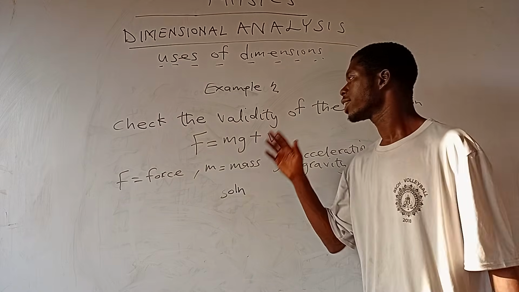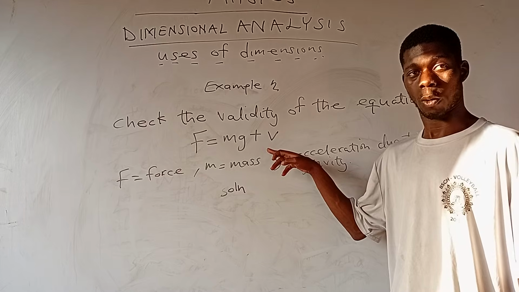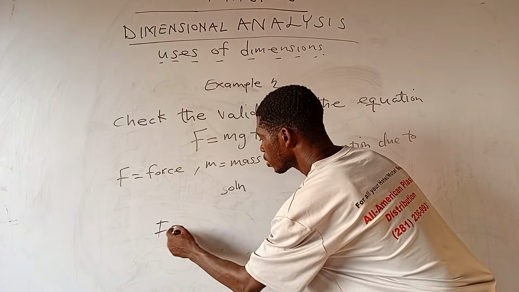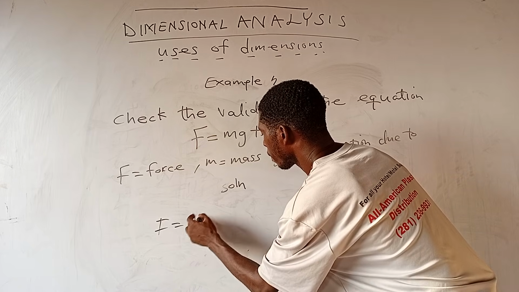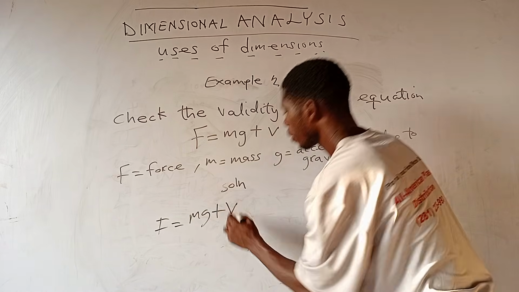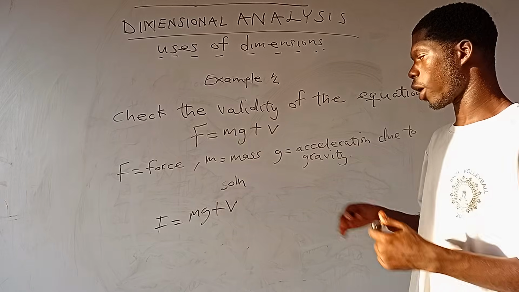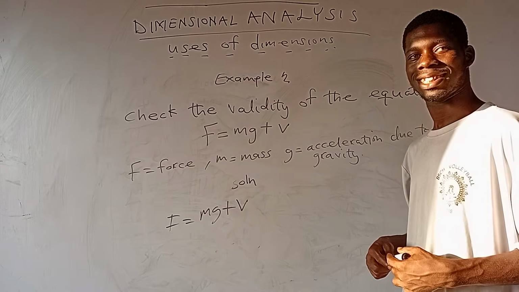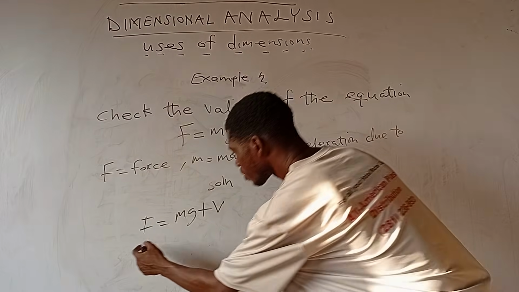Okay, so we are checking the validity of this equation. So this is the equation. After that, we take the dimension of the terms.